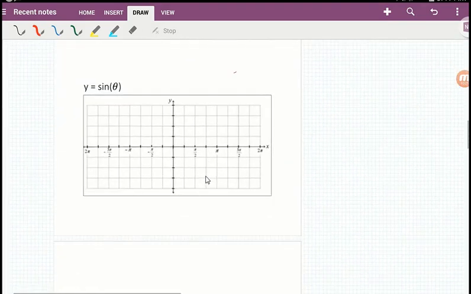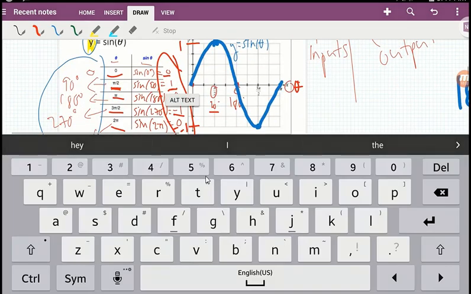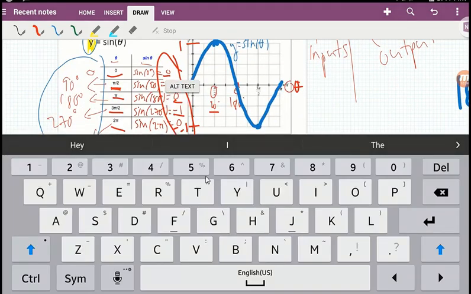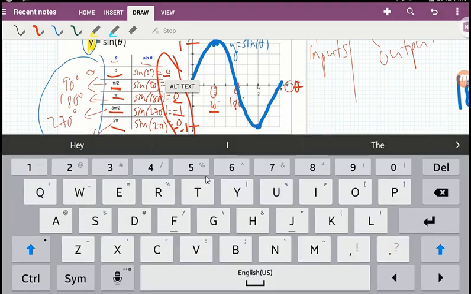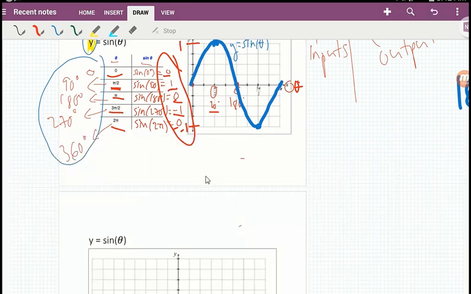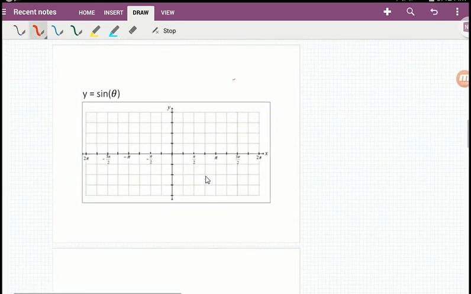And so what happens is that the graph just repeats. Sorry about that. And so the graph just repeats over and over. Nice. So what I can do is just think of it as starting at 0, going up to 1, coming back to 0, going down to -1, and then going back to 0.